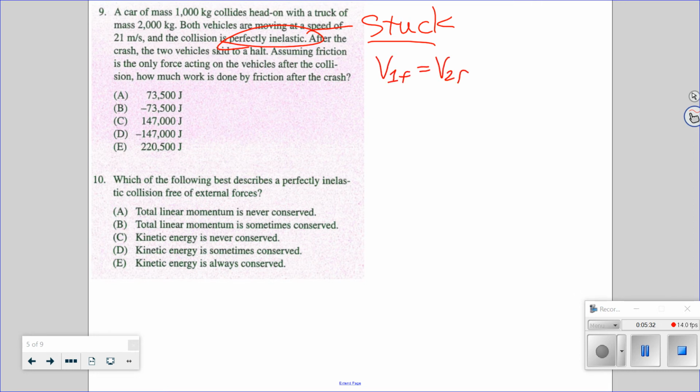So you do momentum conservation, and your V final for both is going to be like -7, if your car is going in the plus direction, just because I read that one first, and then your truck is -21.